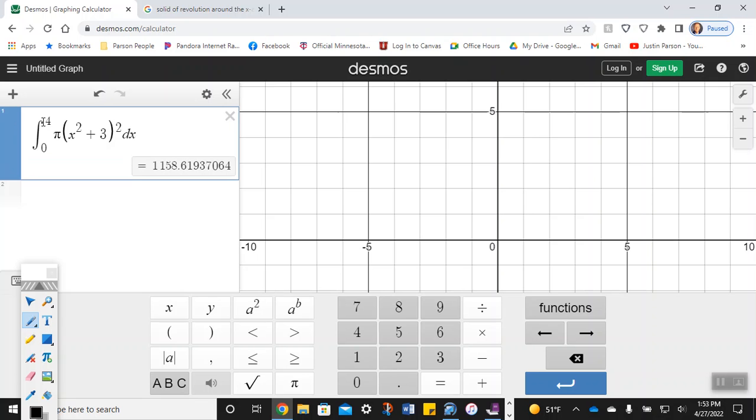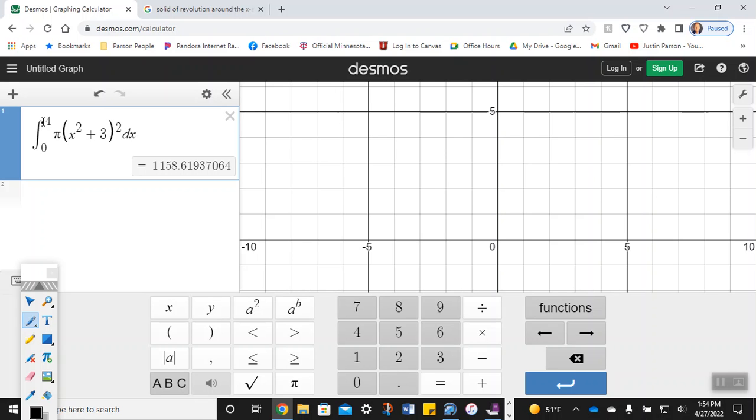And by golly, kids, what do you think the value of that figure is when you rotate it around the x-axis? 1,158.6. Yeah, and I think going two places is good. So 1,158 point, where'd I set the pen down?